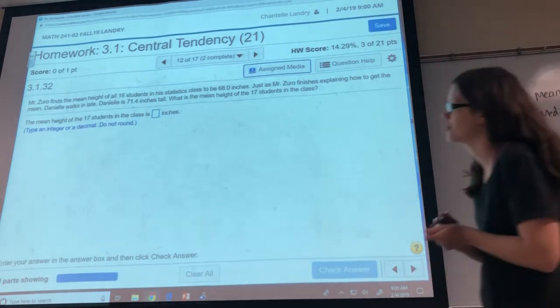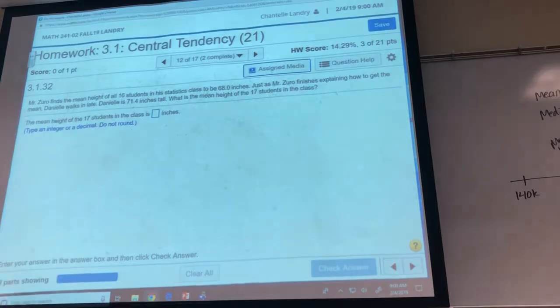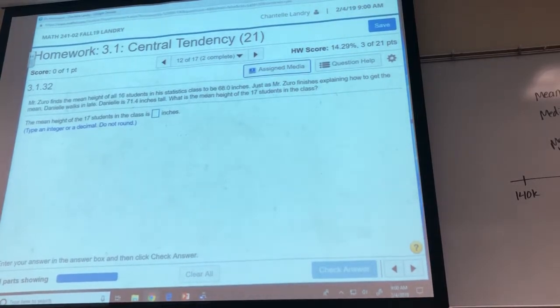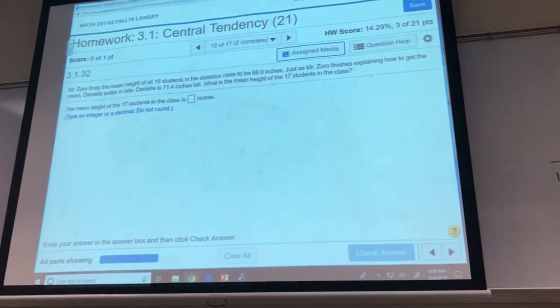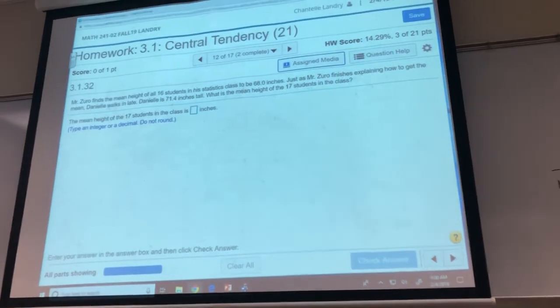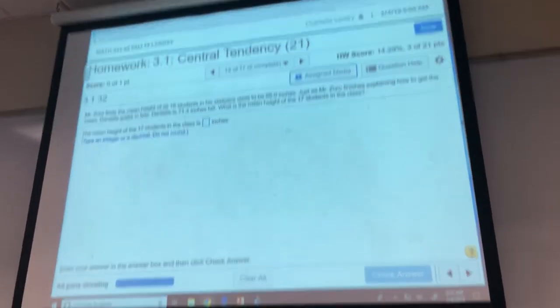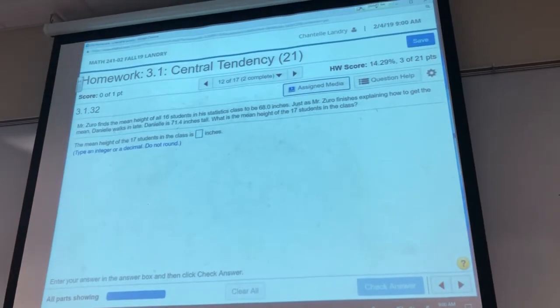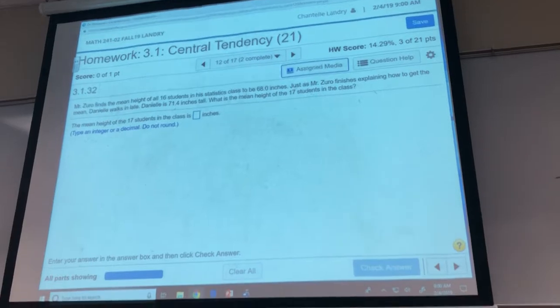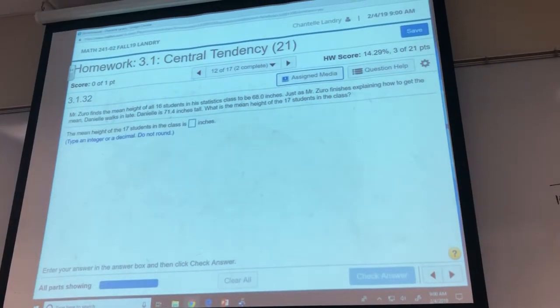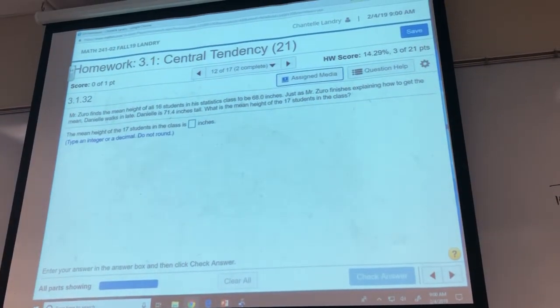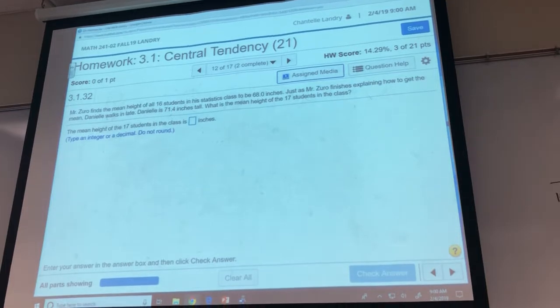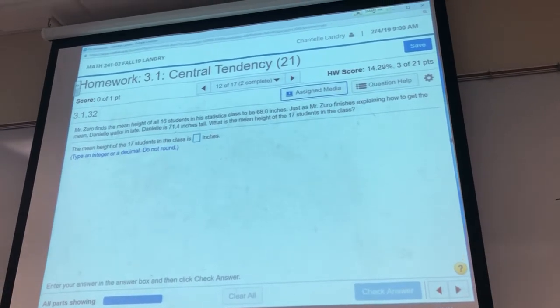So for this one, number 12, you do the sum of the heights for the 16 students.